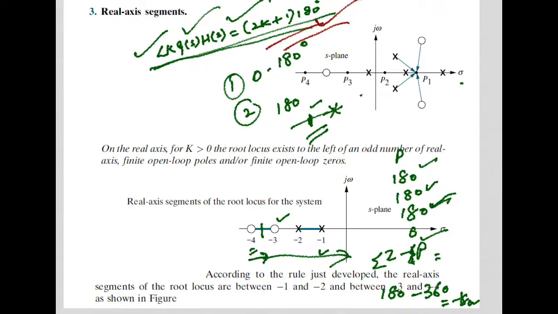So we get the contribution, because, as we have seen, we have an odd number of points, that is poles and zeros, to the left of the point of observation.